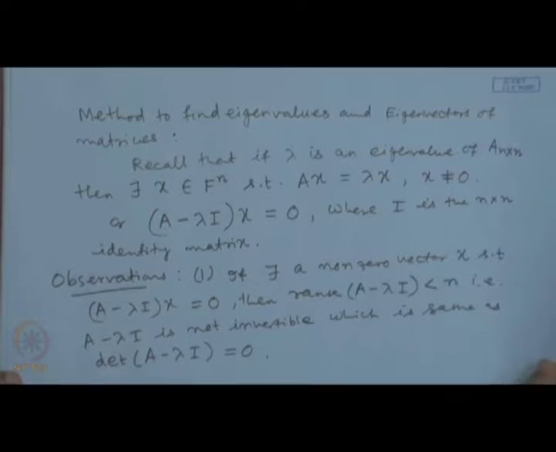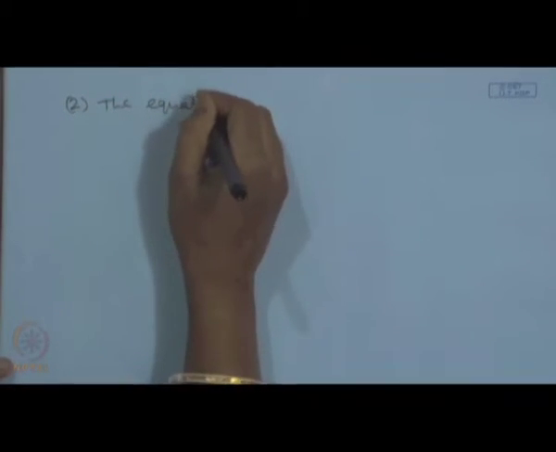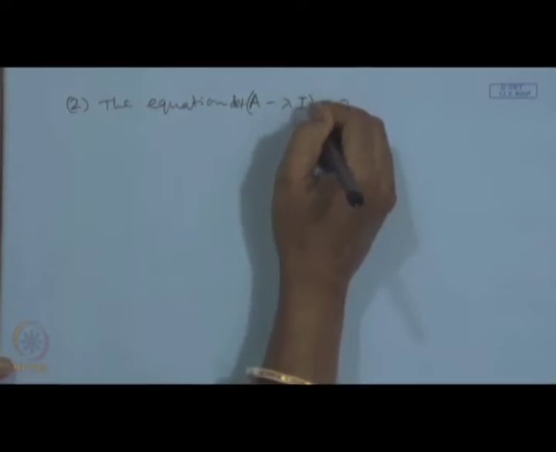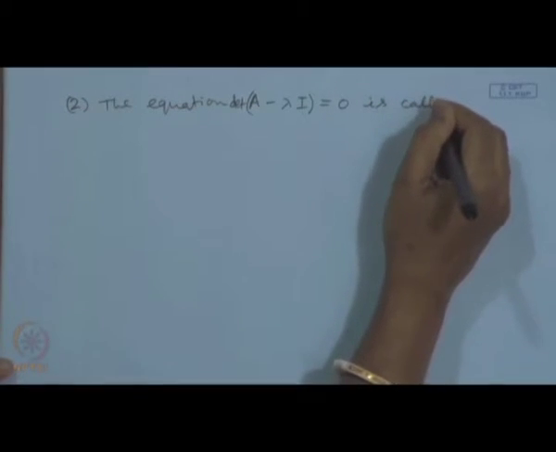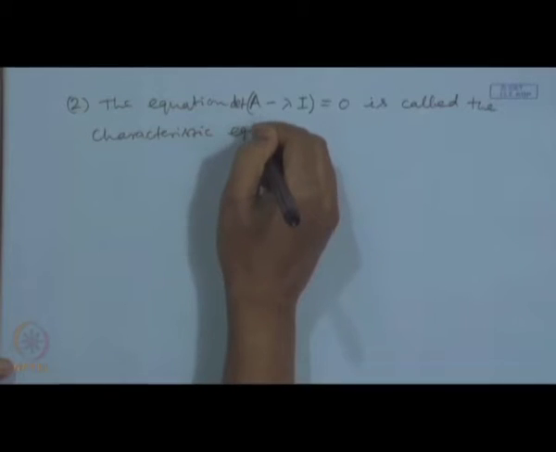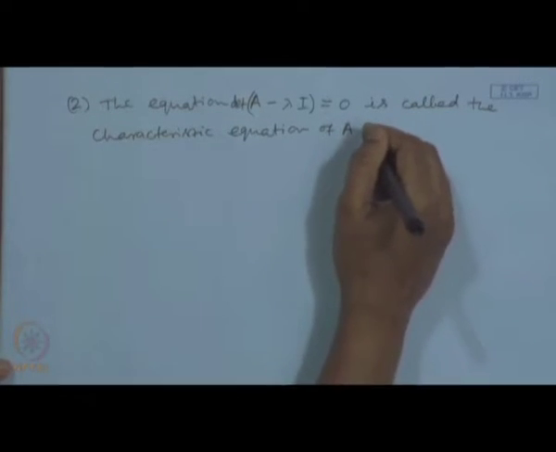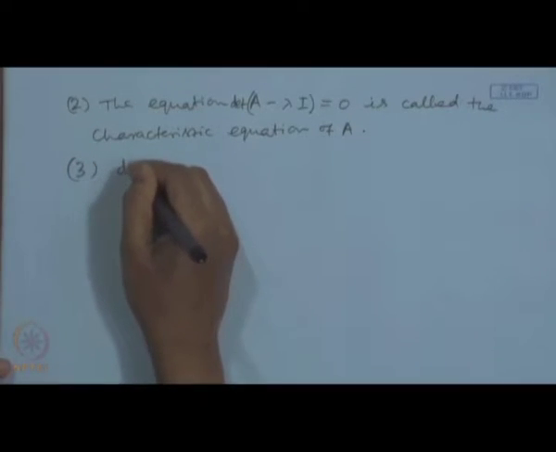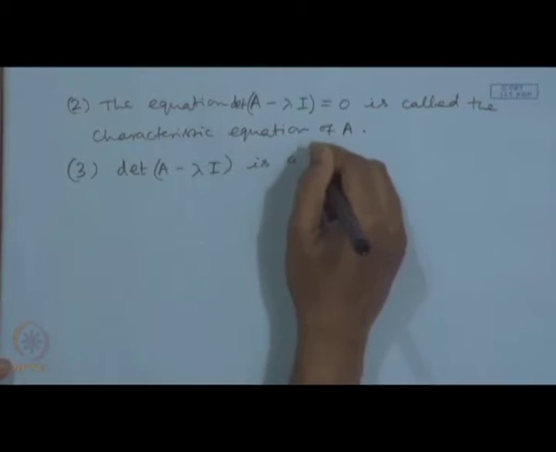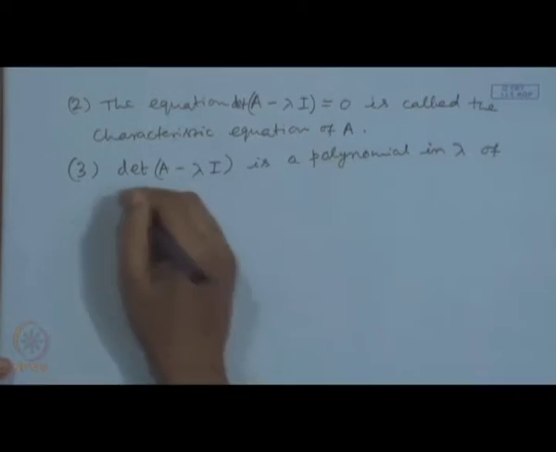So, the equation determinant of A minus lambda I is equal to 0 is called the characteristic equation of A. This determinant of A minus lambda I is a polynomial in lambda of degree n.